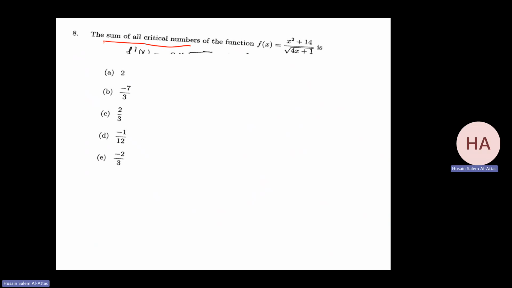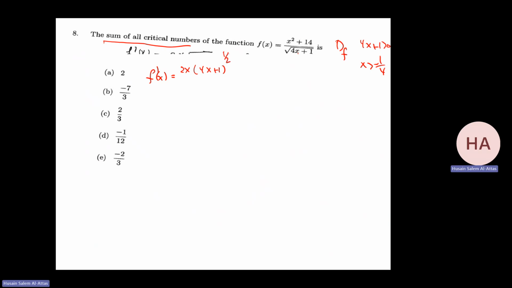Calculation. What's the domain of f? I need 4x plus 1 to be positive, so I need x to be greater than minus 1 over 4. Okay, f prime, careful with the calculation. I have 2x times 4x plus 1 to the power minus half.